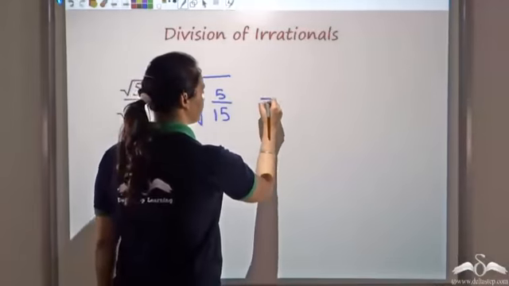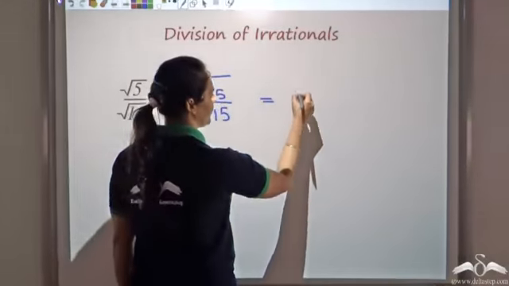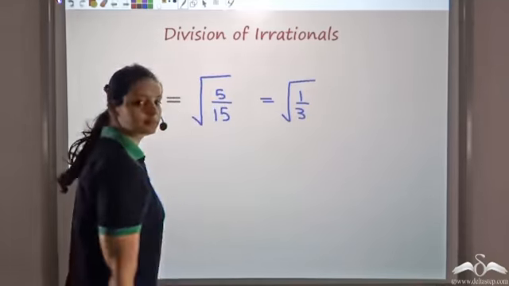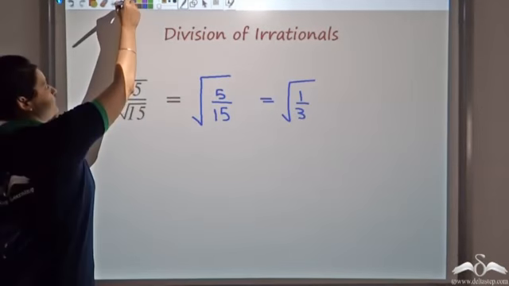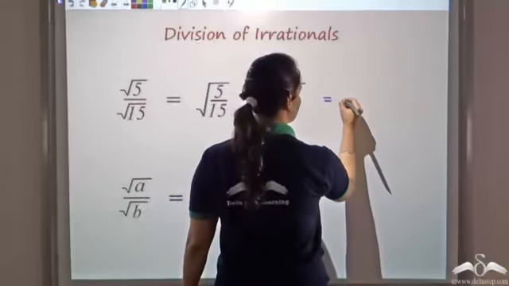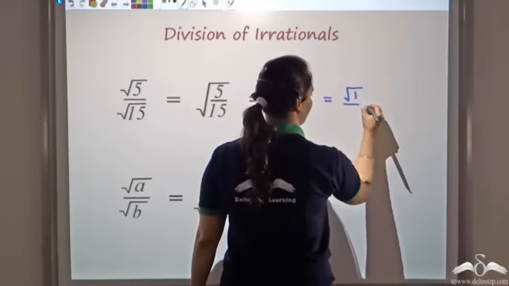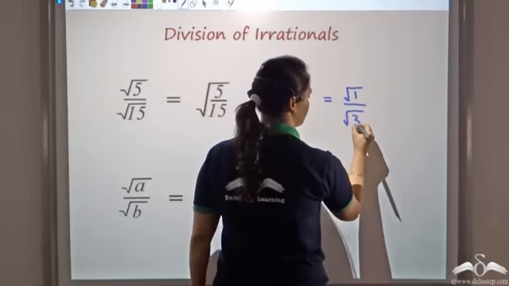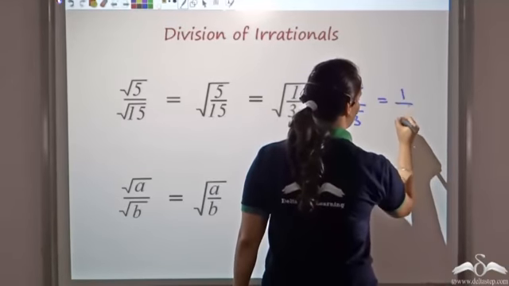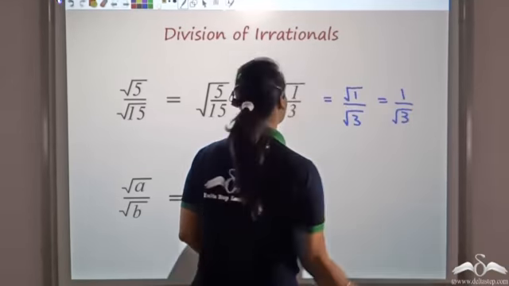So I can divide this, I get 1 by 3 and an under root sign. So this is what I get, 1 by 3. Now this also I can write as under root 1 by under root 3. Under root 1 is nothing but 1 by under root 3. So this is how you can write.